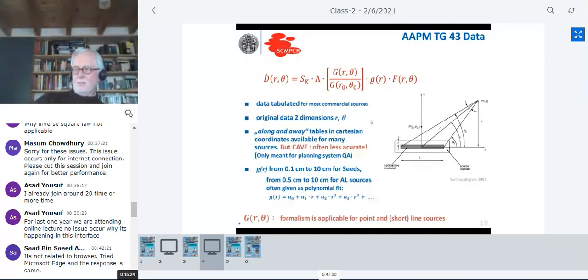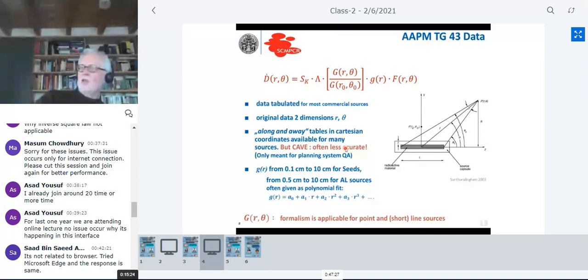Something you may find if you look into the data is that there are also tables in Cartesian coordinates, x, y, z, or x and y. These are not supposed to be used for dose calculation. They are only supposed to be used to verify dose calculations. They're made to calculate the dose from one single source at a certain Cartesian coordinate in water.